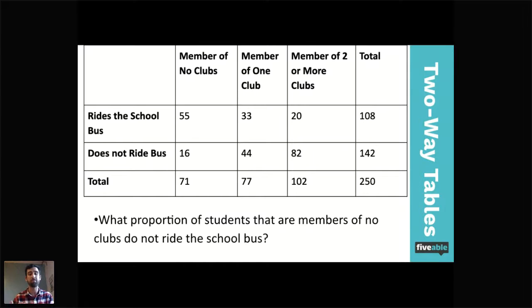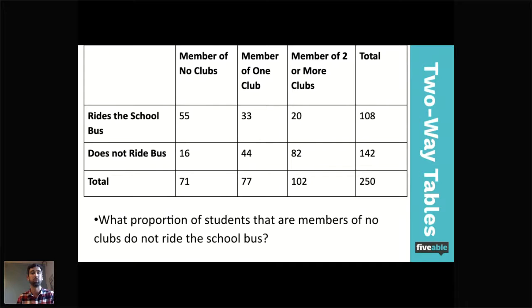So there are 71 students who are members of no clubs. Of those 71 students, how many do not ride the bus? Again, two-way tables are great for pulling out that information. We can clearly see that 16 of those 71 students do not ride the bus. So again, if we were looking to answer this question on the AP exam, 16 out of 71.